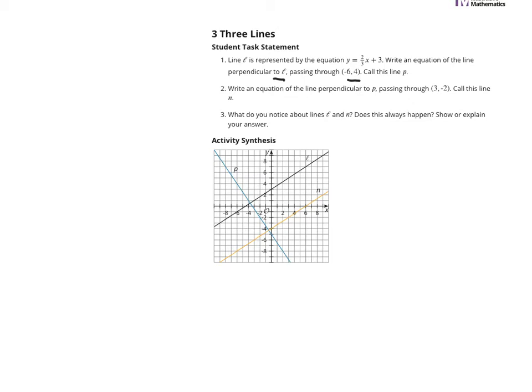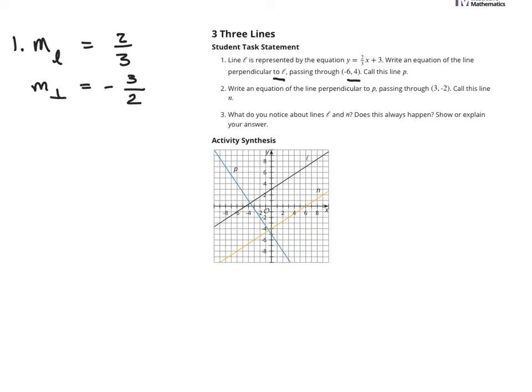Call this line P. Well, first of all, what is the slope of line L? I can pull it right out of the equation and say it's 2/3. Now what is the perpendicular slope? Well, I do the opposite sign and the reciprocal fraction.